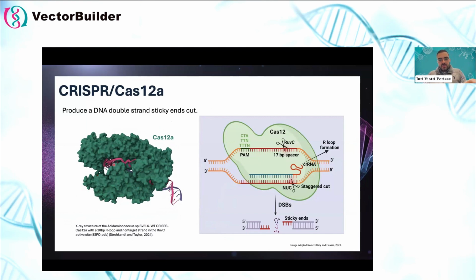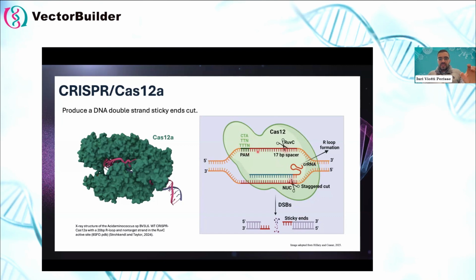This protein here in green is similar to the Cas9 in terms of getting that CRISPR RNA, and that CRISPR RNA will have the target, but it binds differently to the DNA. It identifies a different PAM sequence, which most of the time is going to be TTTN or a TTN or a CTA. That depends on what kind of version you have of that Cas12.